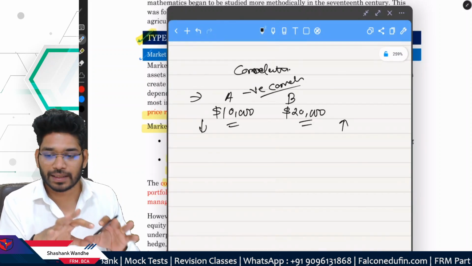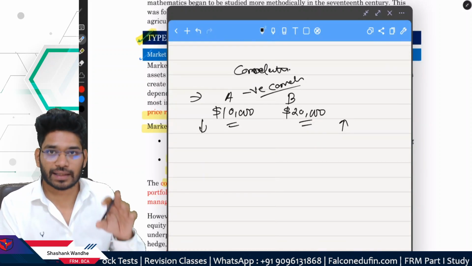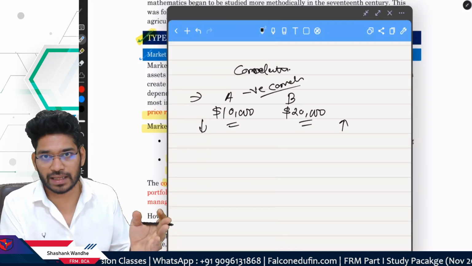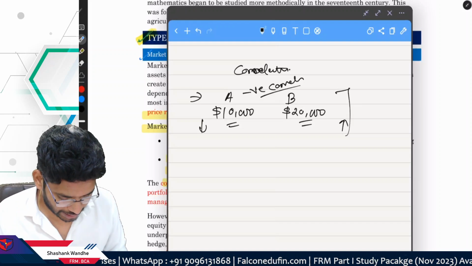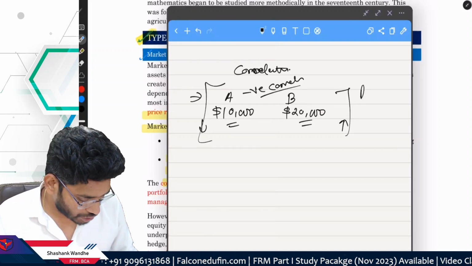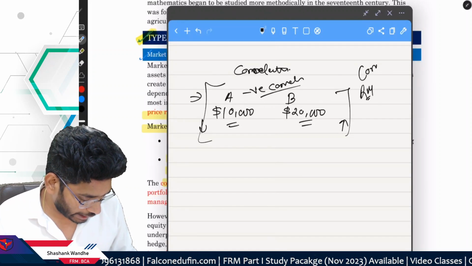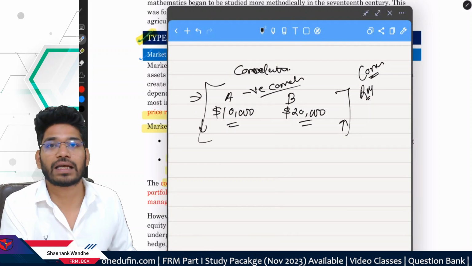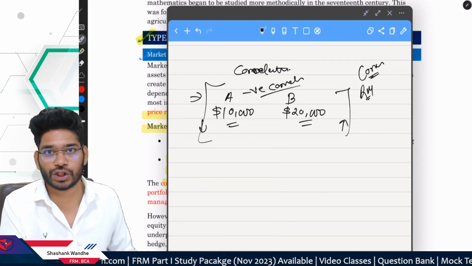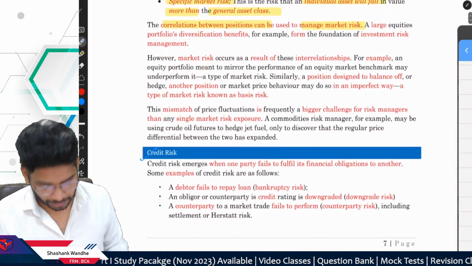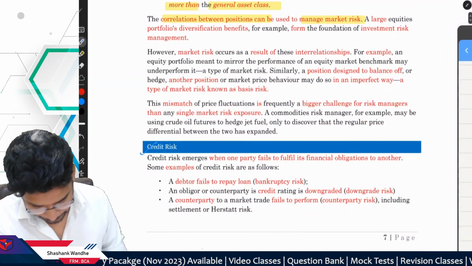Losses of one asset are compensated by the other assets. And this is our risk management. So we manage risk with the help of correlation by selecting assets in our portfolio which have negative correlation or very low correlation, and that's the purpose. That's how you manage the risk. And this is only applicable for market risk.